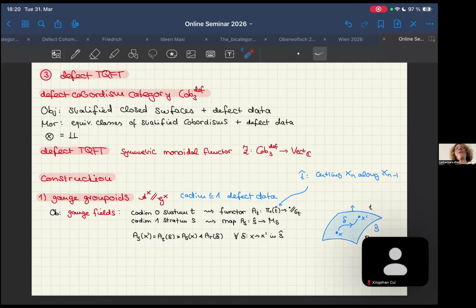And these assignments have to satisfy a condition which can be read as some sort of parallel transport condition. So here I've drawn a codimension 1 stratum S and the associated space S hat.